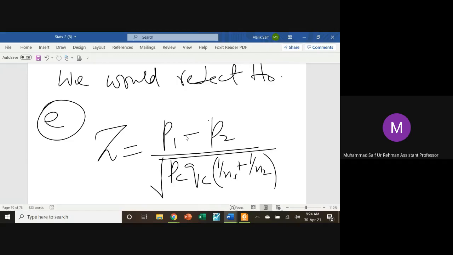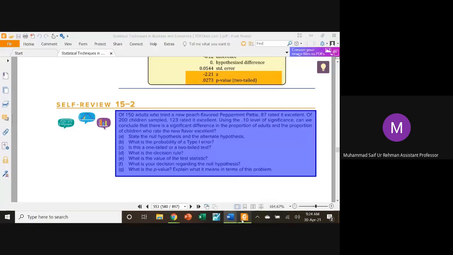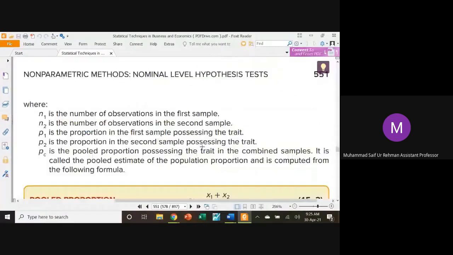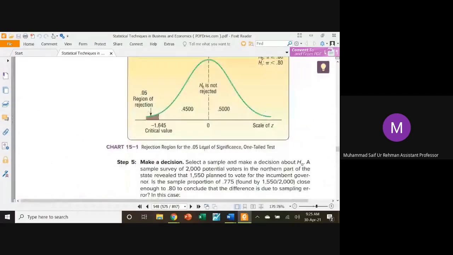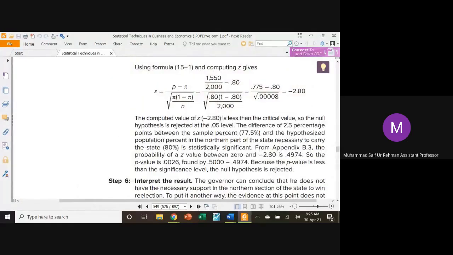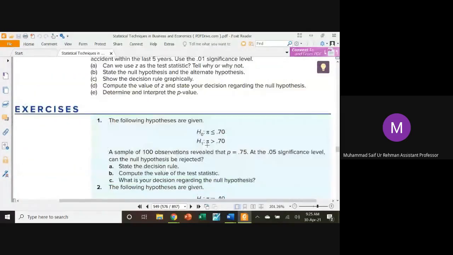Okay, so this is the same formula that you can see over here, but I have simply transformed it. I have changed the shape of the formula so that you can easily memorize it.